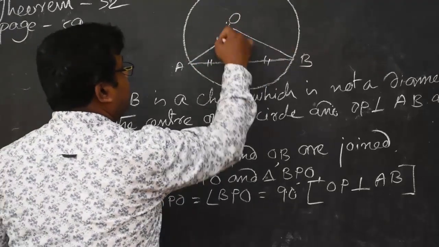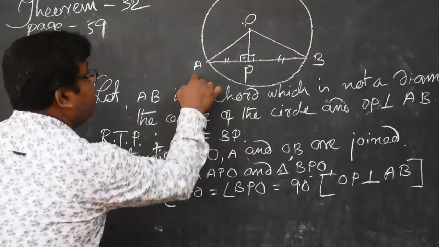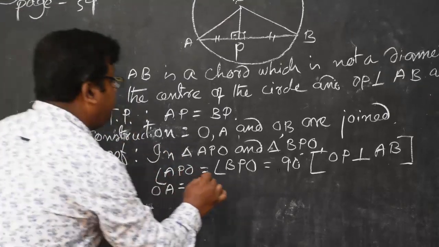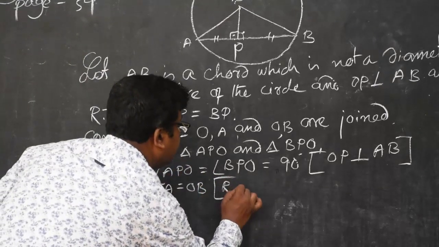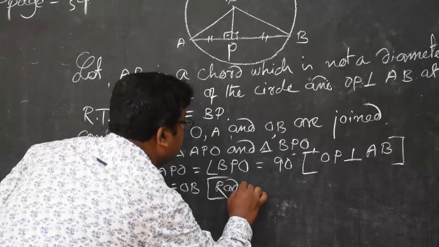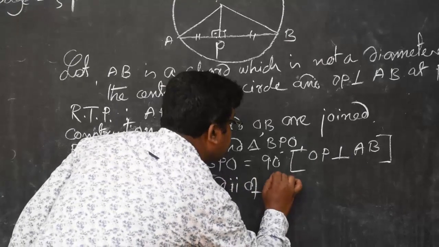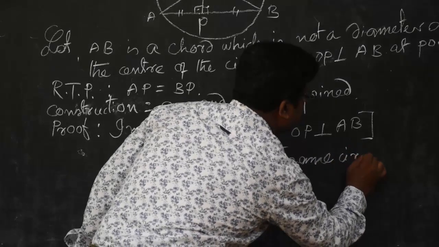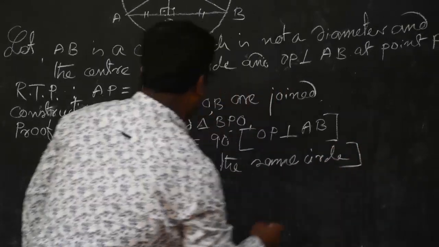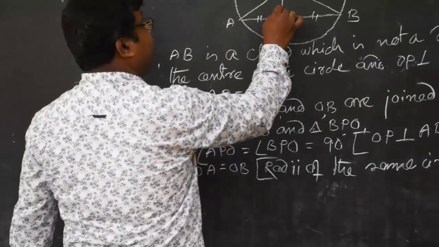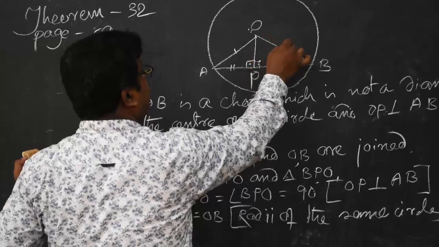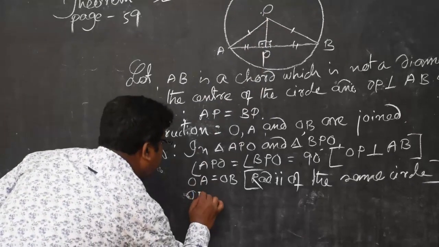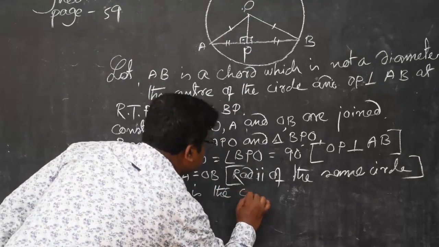Now OA equal to OB. Why? Both are radii of the same circle. So we get angle APO equal to angle BPO, and OA equal to OB because they are the radii of the same circle, and OP is the common side.